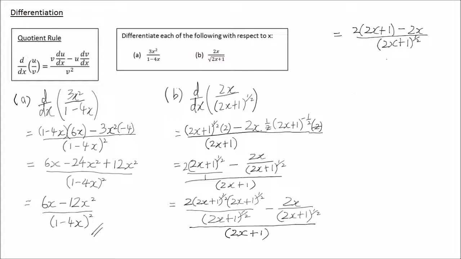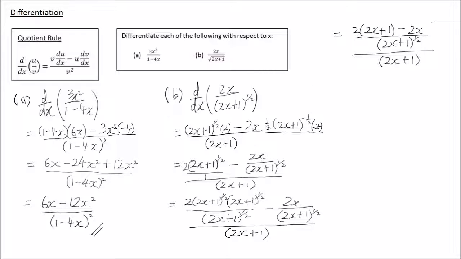And this is over this bracket here. Now this bracket here can be brought down to multiply with the denominator here.